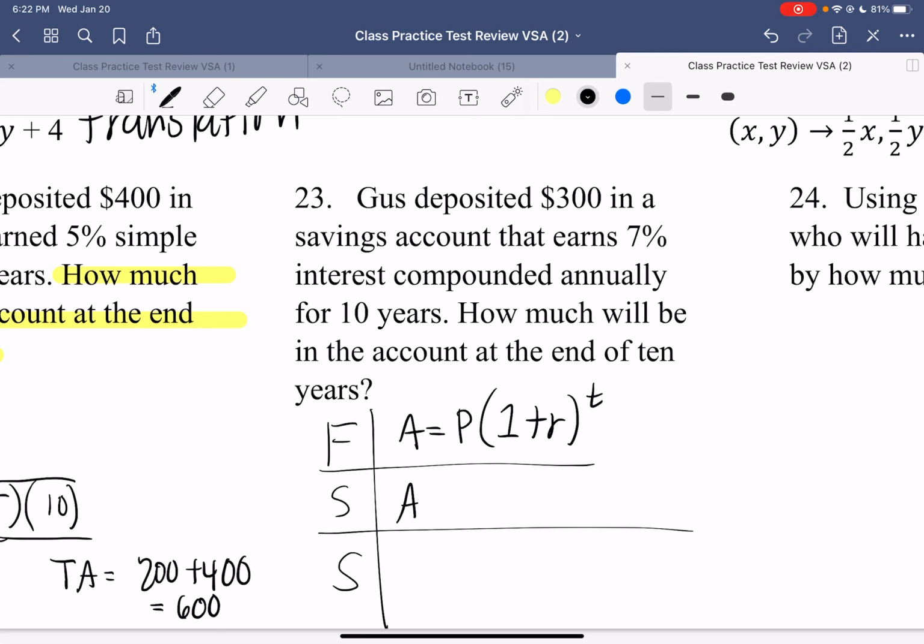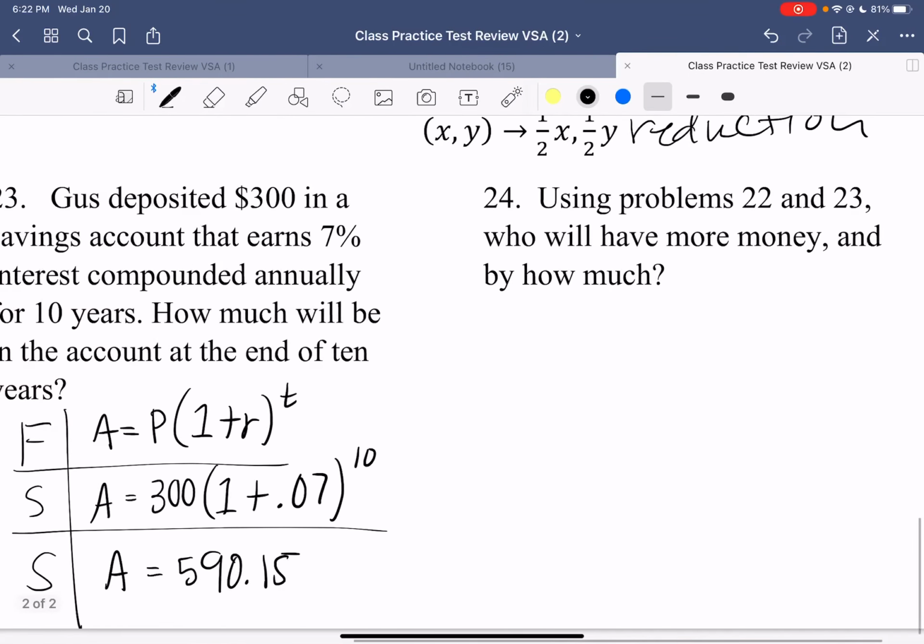So when we substitute this in, we're going to have our principal amount, which is 300, times 1 plus 0.07 raised to the 10th power. So when we put that in our calculator, 300 and then parentheses 1 plus 0.07 raised to the 10th power, we get the total amount of $590.15. Okay, so this is already the total amount. We don't have to add anything.